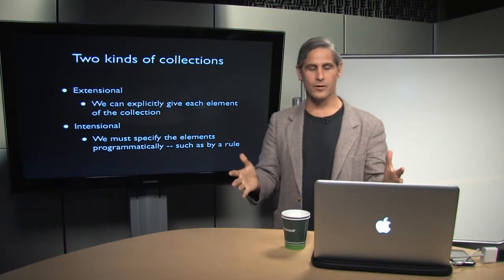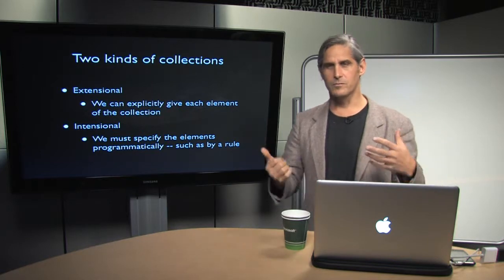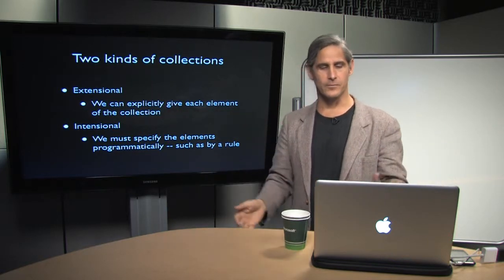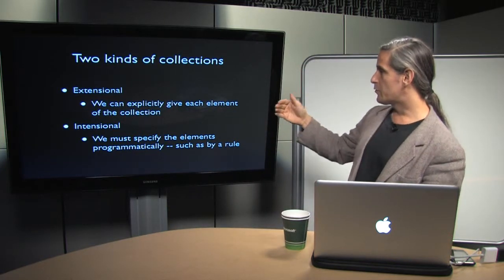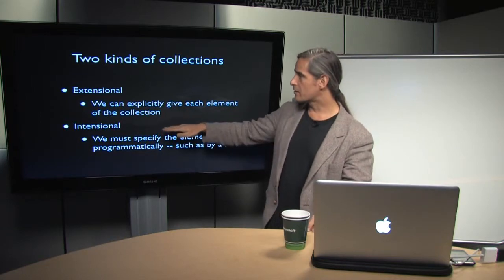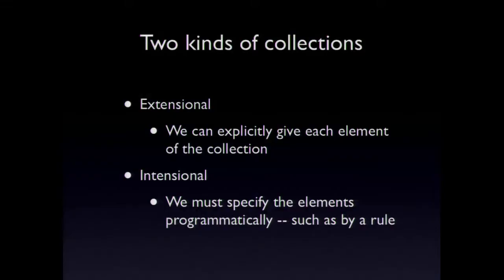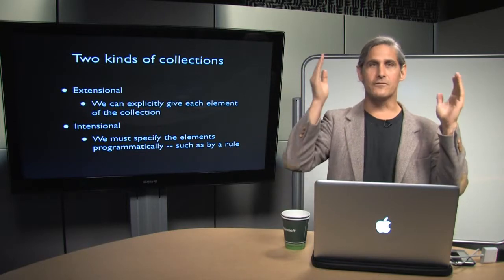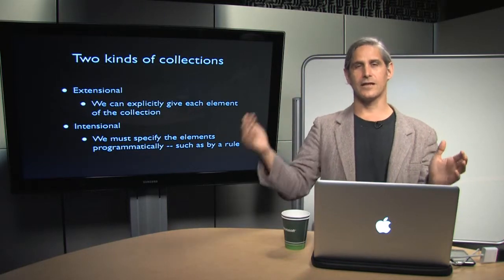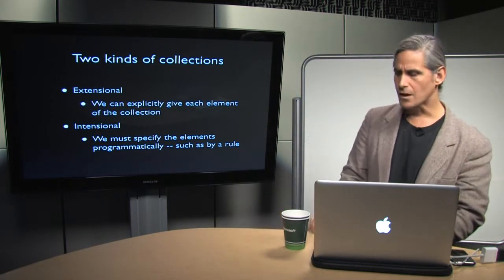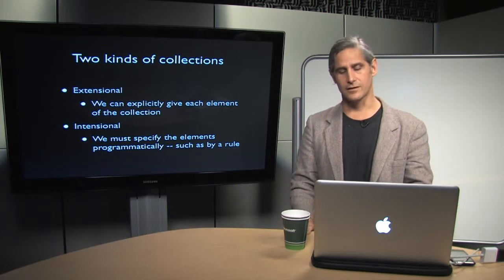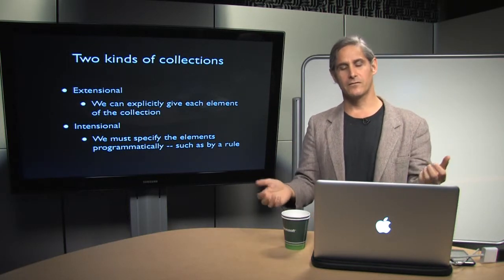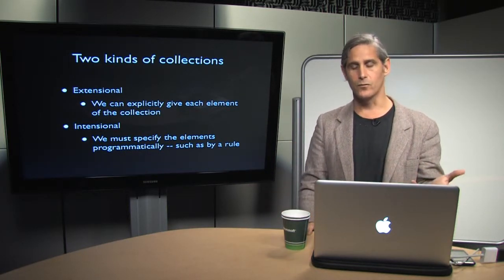If you're a programmer, you know this in your bones, but maybe you don't say it so often. The words used in the theoretical literature are extensional and intentional. What do we mean by that? An extensional collection is something that we can write down. We can give each element of the collection. Whereas an intentional collection, we have to specify programmatically, such as by a rule.